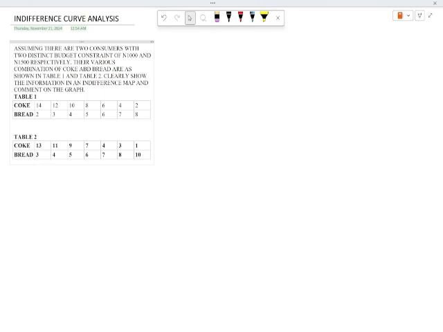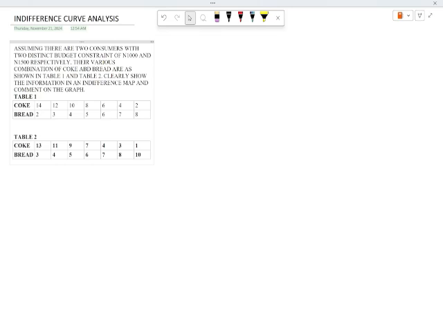So here we're assuming that we have two consumers, and each of these consumers has a different budget constraint. One is 1,000 naira, the other, consumer B, is 1,500 naira, and this budget is to be exhausted on two commodities, which are coke and bread.